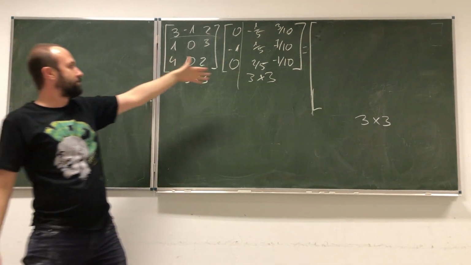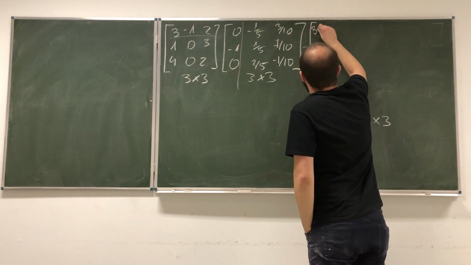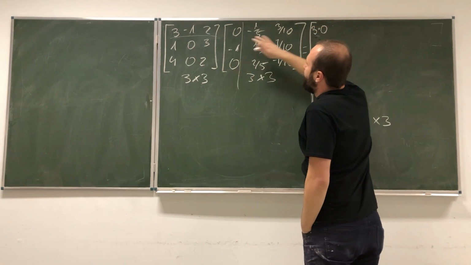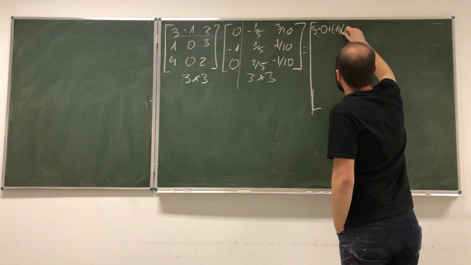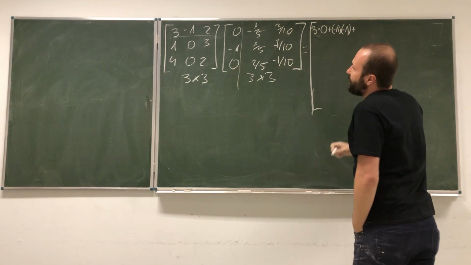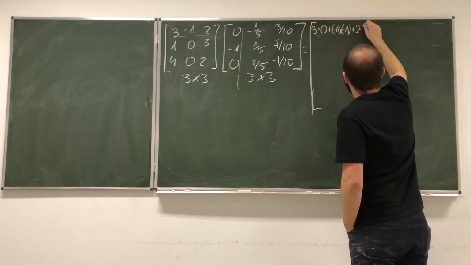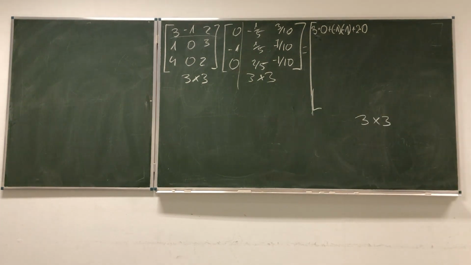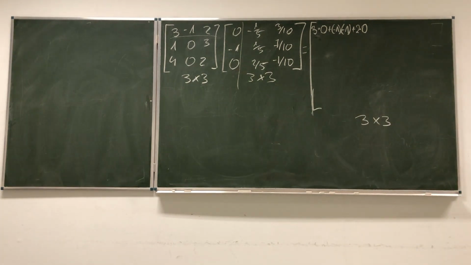I'm using first row, first column. So I get that this is 3 times 0 plus negative 1 times negative 1 plus 2 times 0.